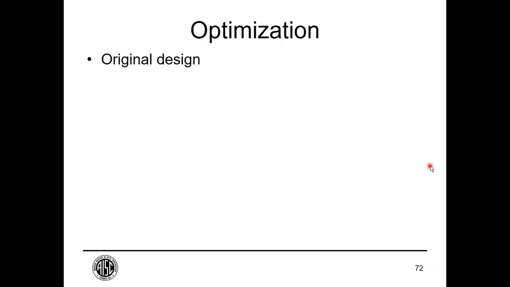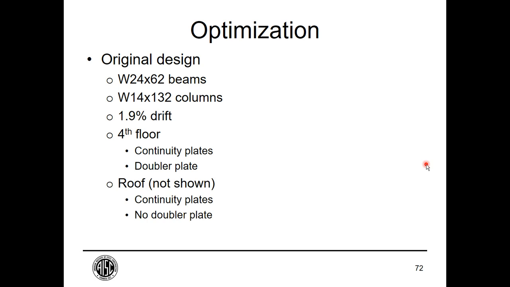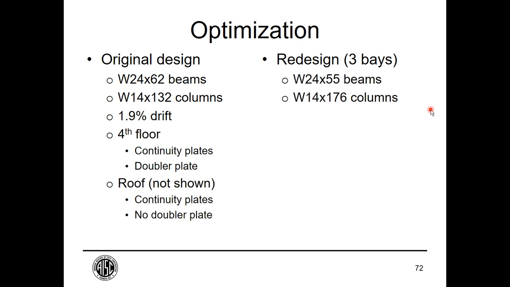So let's do the little comparison. The original design had 24 by 62 beams, 14 by 132 columns, pretty close to the drift limit. We needed continuity plates and doublers at the fourth floor, but at the roof, we needed continuity plates and no doubler. The optimized design over 3 bays, smaller beams, heavier columns.